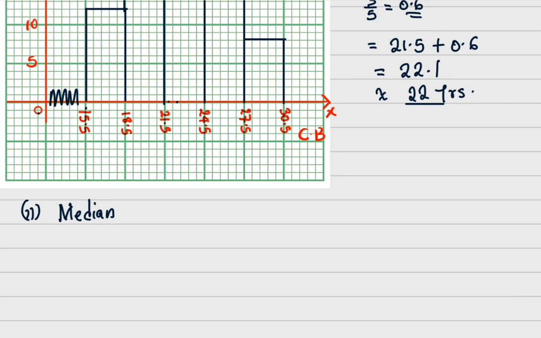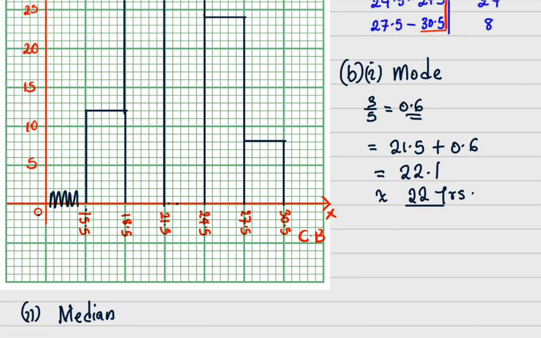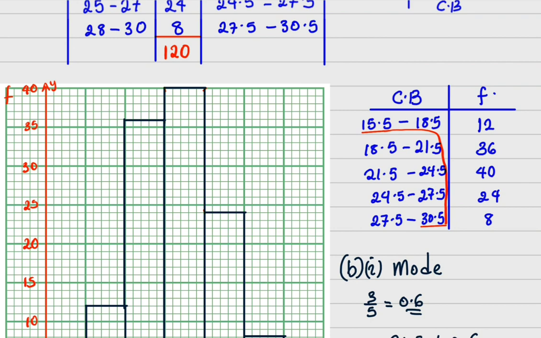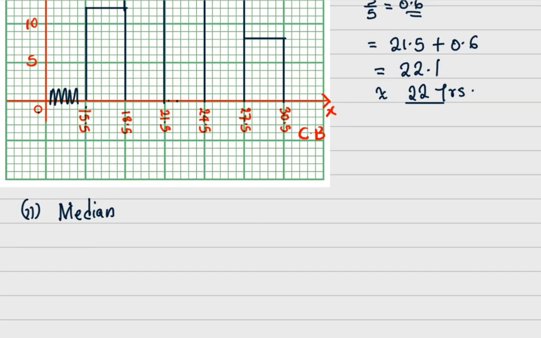But for grouped data like this, for us to get the median, we must take note of the fact that the total frequency, I told you that I'm going to use it, is 120. So to get the median is 1/2 of the 120, which is the total frequency. That is the position, which if you do is going to give you the 60th. But this time around, we are going to use this histogram to get it.